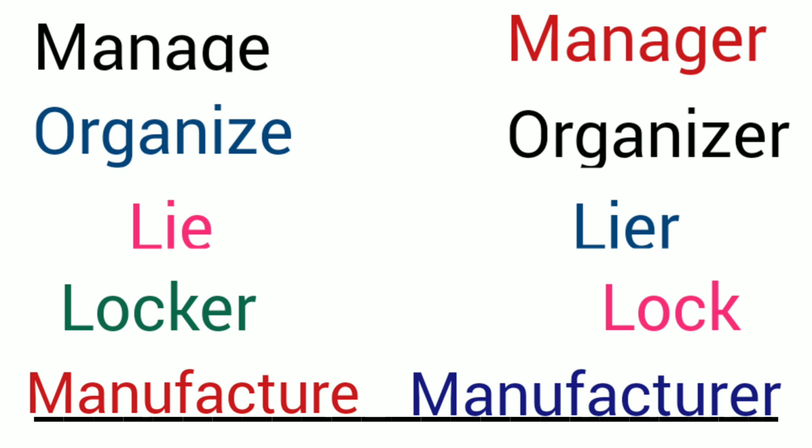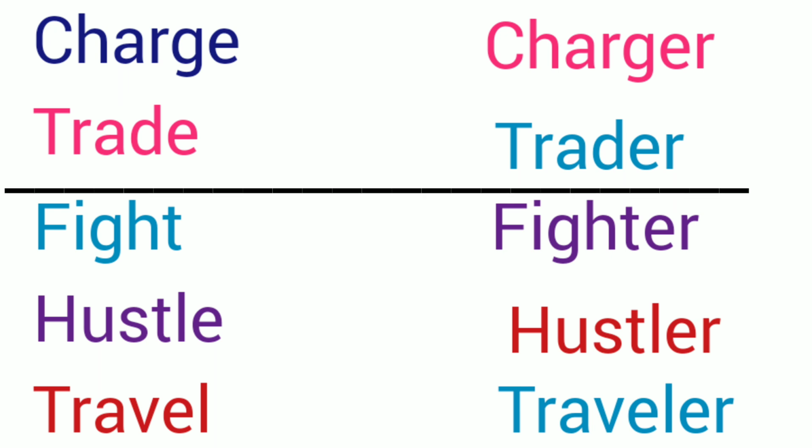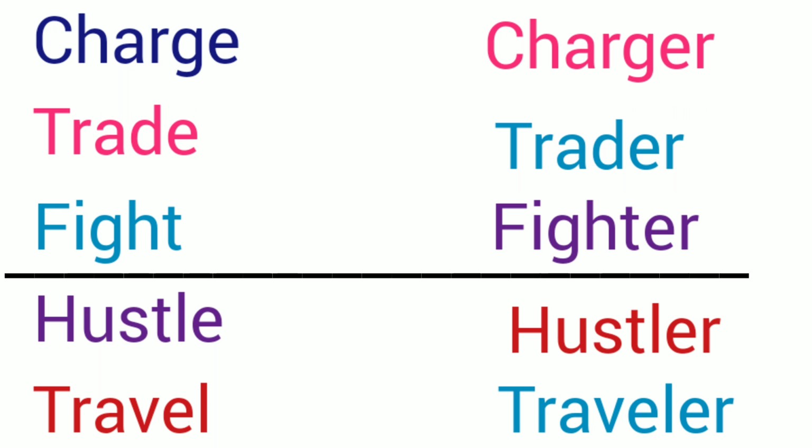Okay, so let's see the next one. As well, in this section we have charge is to charger. We use charger for charging. Okay, so charger performs a charging job. We have trader. A trader does trade. What a trader does is he trades. Okay, we have fighter.